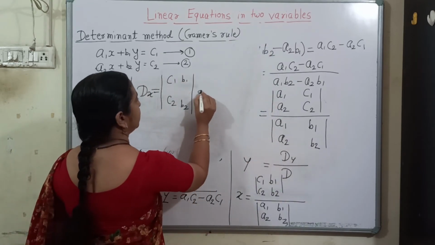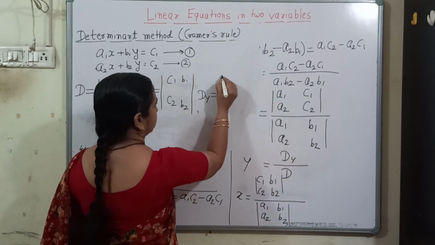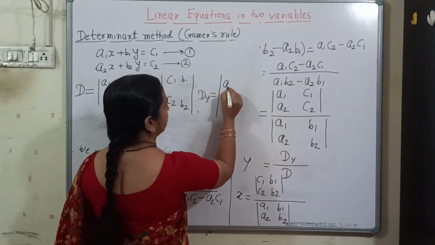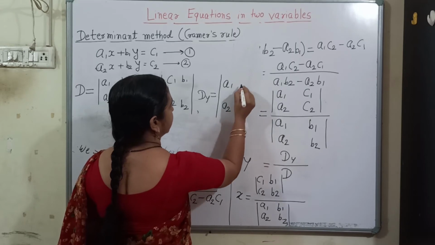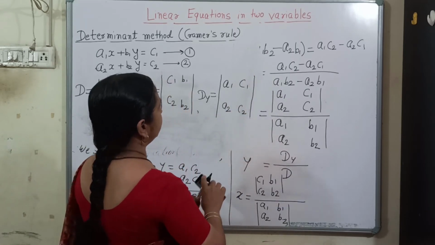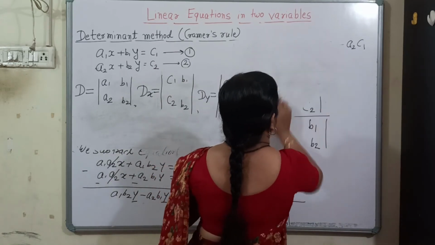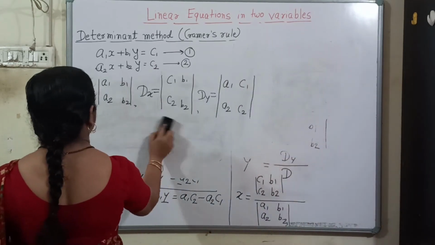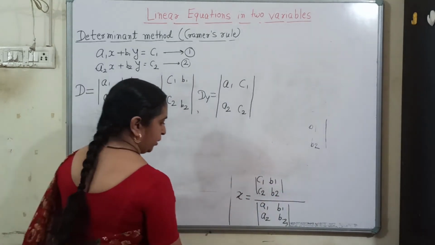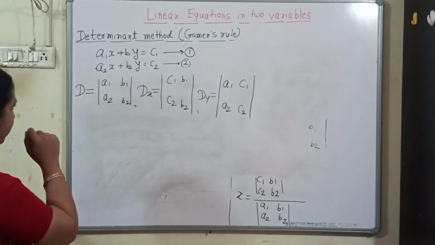And one more determinant dy, determinant in the numerator here a1 a2 c1 c2. Now here we write Cramer's rule only. First determinant is called as D.